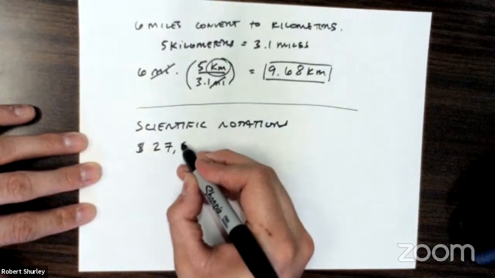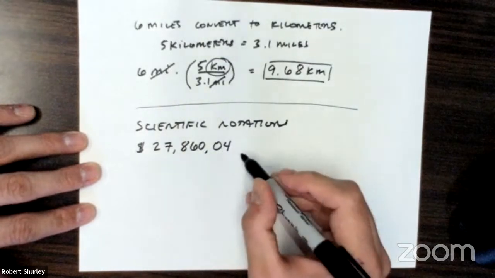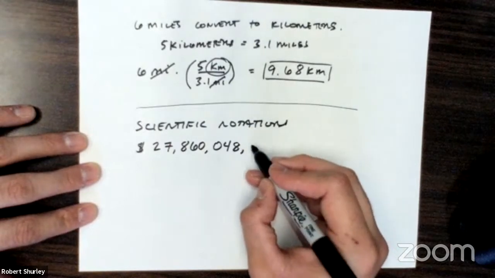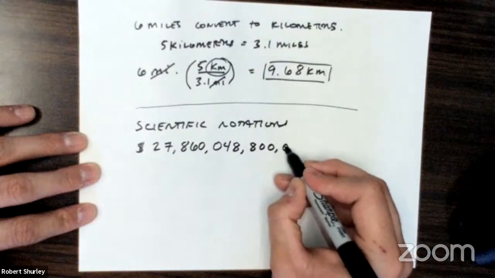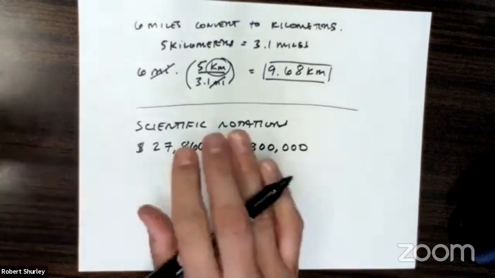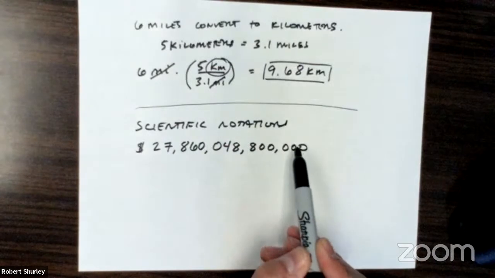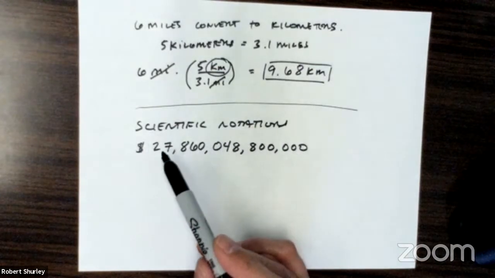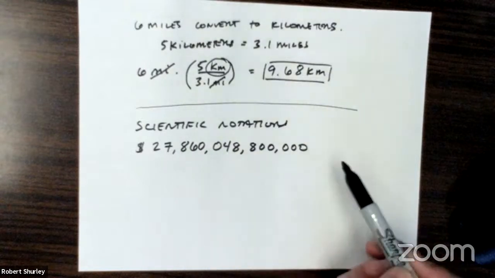Let me write all these numbers down. 860, I think that's a trillion. 048, and then 80000. It's already lapped since we've been sitting here. Let's just pause it right here. Let's say the debt calculator is at, now this is hundreds, thousands, millions, billions, trillions. The debt calculator is at 27 trillion, 860 billion, and so on.